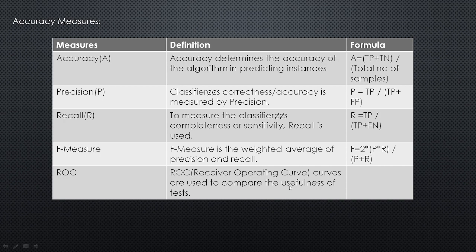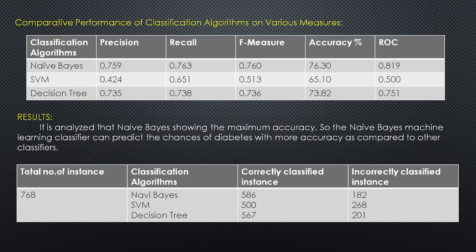This is our accuracy measures and comparative performance of classification algorithms on various measures. For Naive Bayes, precision is 0.759, recall is 0.763, F measure is 0.760, accuracy is 76.30, ROC is 0.819.